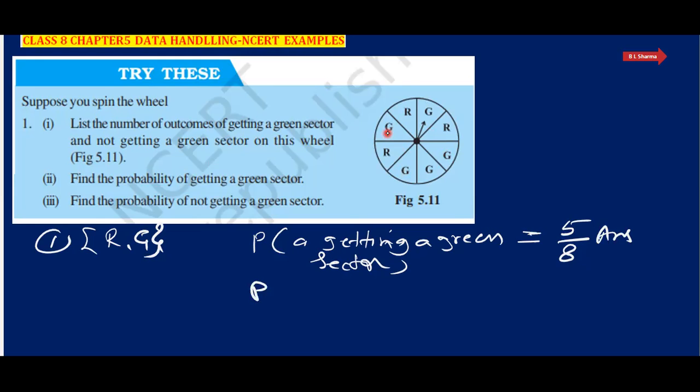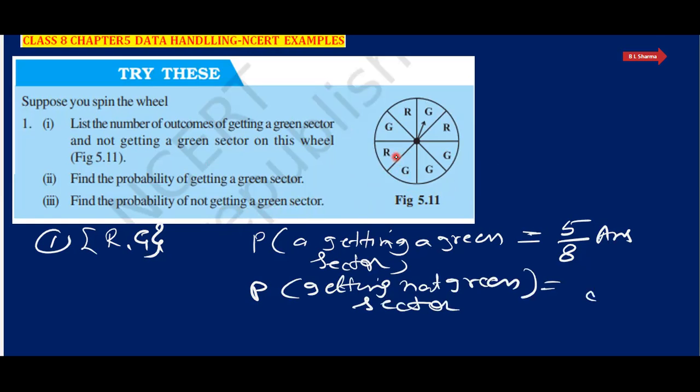Number 2, probability of not getting a green sector. जो green नहीं है, it means red है, तो देखिए probability of not getting a green sector means out of 8, green कितना नहीं है, देखिए जहां पे रेड है 1 2 एंड 3, so that is 3/8. Answer 3/8. नॉट ग्रीन में वो है जहां पे रेड है, देखिए 1 2 एंड 3, so 3 out of 8.